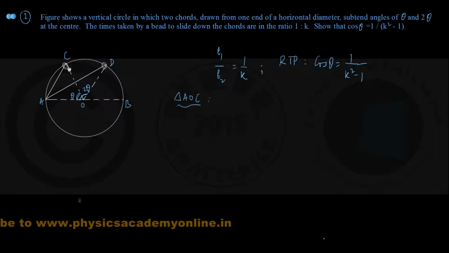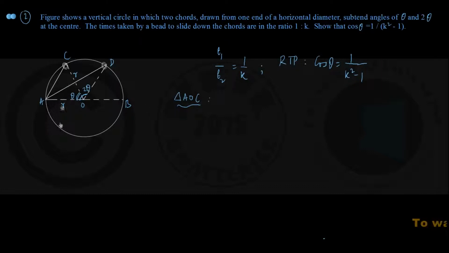In the triangle AOC, if this angle is theta, you can see here that the other two sides, that is OA and OC, must be equal to the radius of this circle. Therefore, this is an isosceles triangle. And since three angles together make 180 degree, we can say that this angle CAO and the angle ACO must be equal.